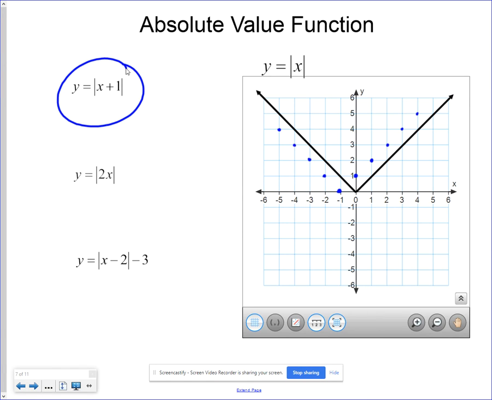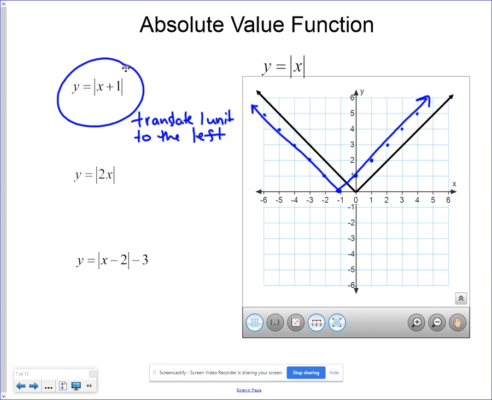So what did it do to the parent graph? How could you get the black graph laying on top of the blue graph? You would have to move the black graph over 1 unit to the left. So it translated 1 unit to the left. Adding a +1 inside there moves the graph 1 unit to the left.